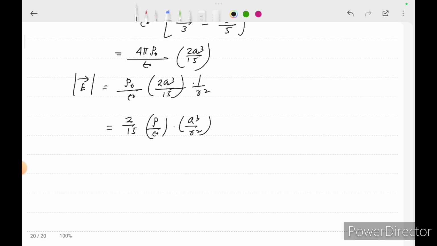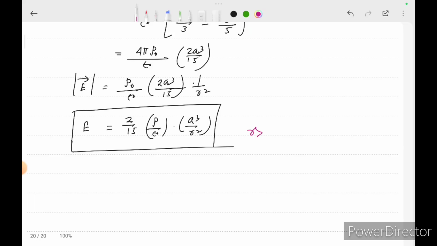That is the electric field for r greater than a. In vector form, it is 2 upon 15 rho naught upon epsilon naught a cubed upon r squared r-hat, for r greater than a. Okay, so I think you understood how to calculate these problems.